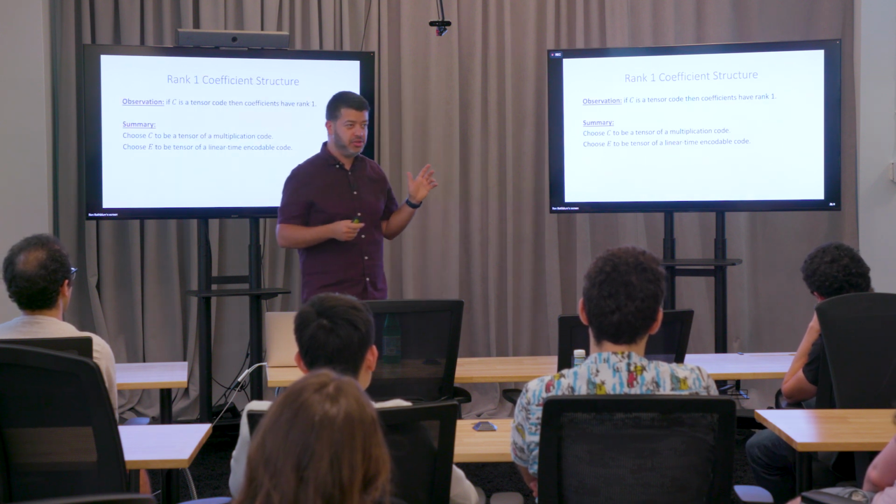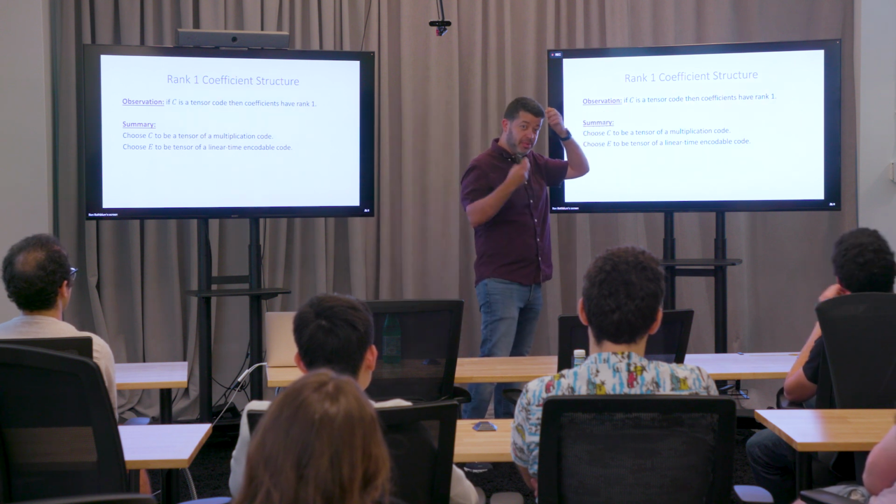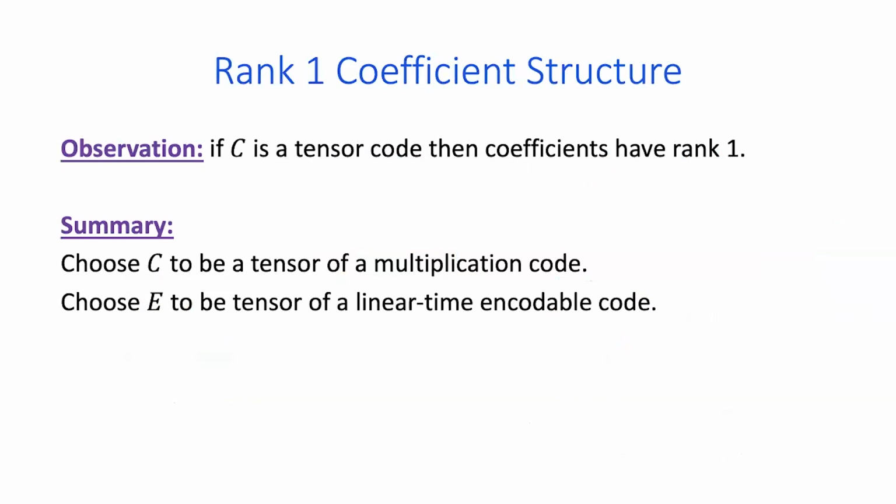The next observation is that our code C, the multiplication code that we were using throughout the protocol, the one that we pretended had been sent, if we choose that code to be a tensor code, it turns out that for tensor codes, their coefficient structure has rank 1. It has to do with tensors of vectors leading to rank 1 in tensor codes for the same reason.